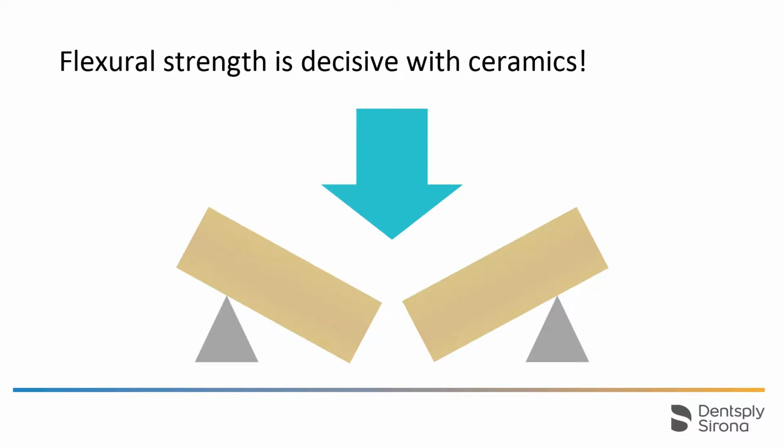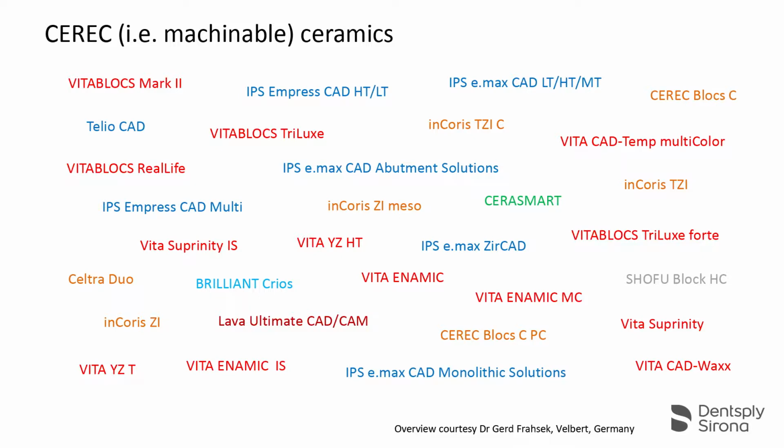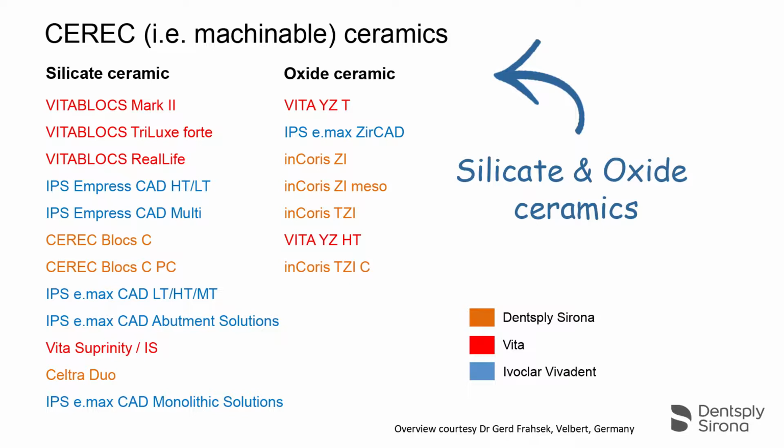One of the main objectives of an adhesive resin cement is to prevent this. There is an almost incalculable number of ceramics available on the dental market. Which of these ceramics have a low flexure strength and which a high? Which must be luted using an adhesive cement and which not? Fortunately, the majority of products can be divided into only two groups.